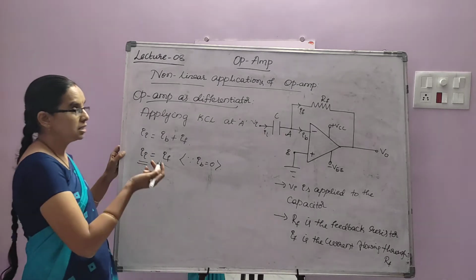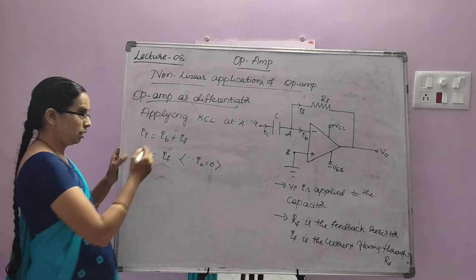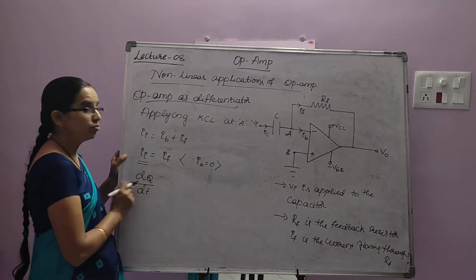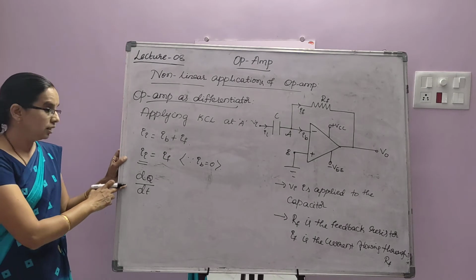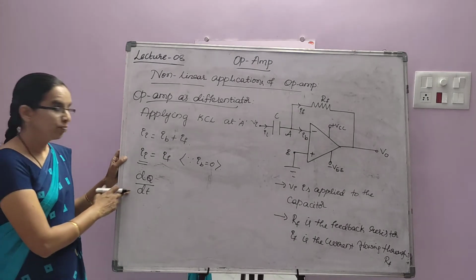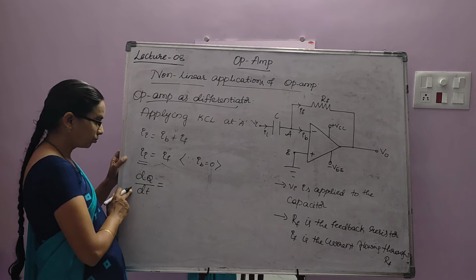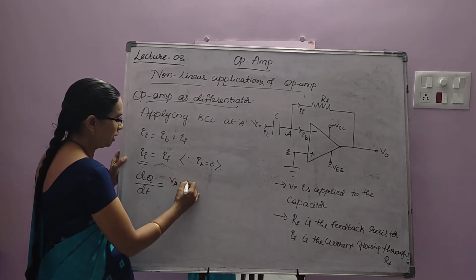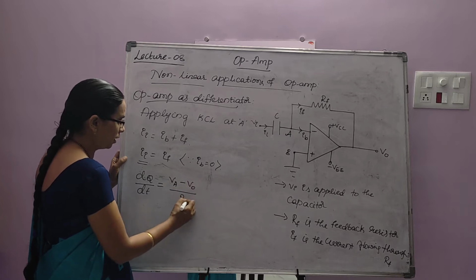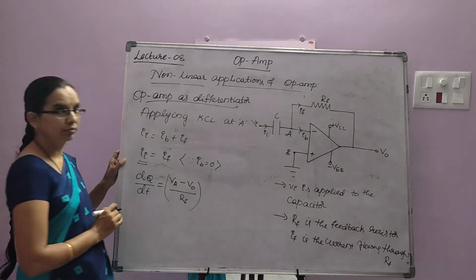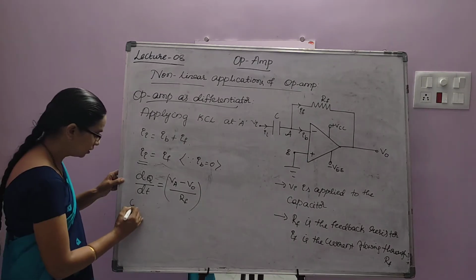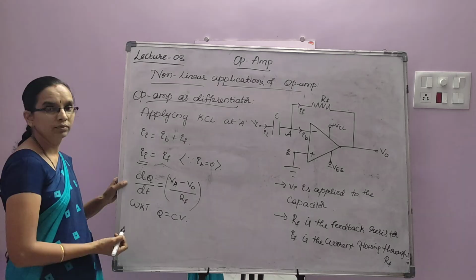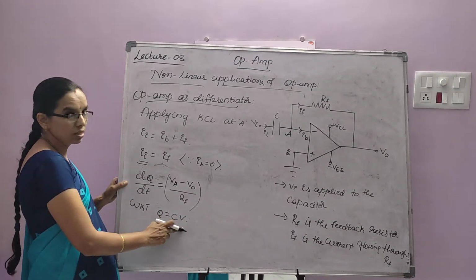The expression for the charging current is dq by dt, which is equal to IF, and IF can be represented as VA minus V0 by RF. We know that charge Q is equal to CV.